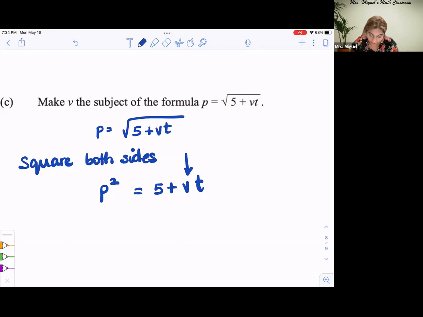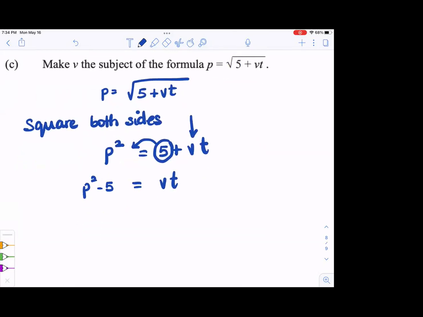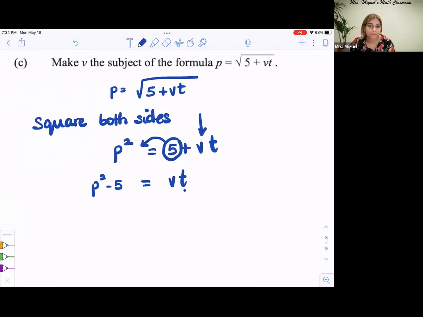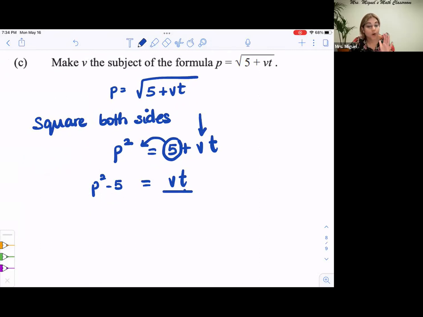All right. So we remove 5 first. So I have p squared minus 5 over equal to vt. Do you all have that? Yeah, miss. How am I going to remove t? By dividing. t is being multiplied by v, and the opposite of multiply is divide.